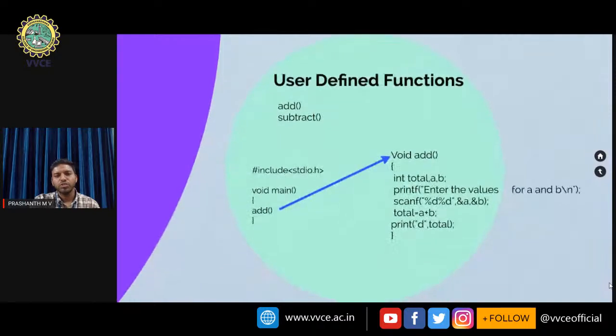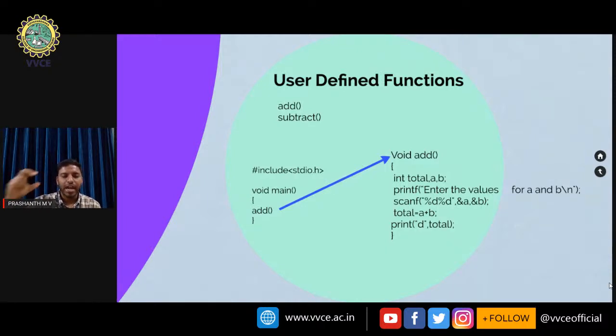When it comes to user defined function, how can a user define a function for his purpose? He wants to calculate this same addition. Instead of writing the program in the form of lines, I will divide my program into different modules.